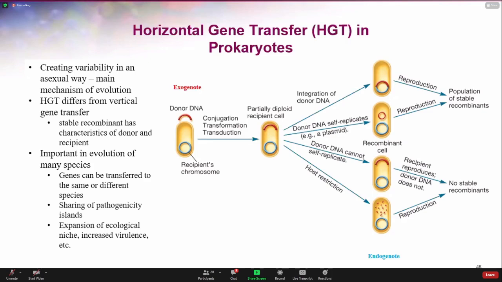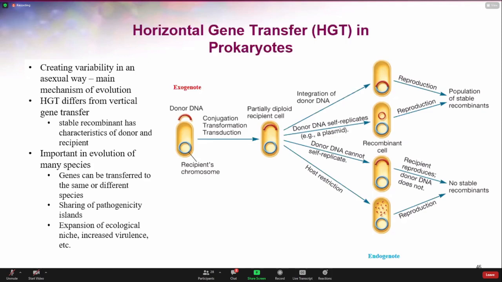You can also have a piece of DNA that has its own origin of replication, and it can form its own little circular piece as a plasmid. So even if it's not copied as part of the bacterial genome, it will be copied because it has its own origin of replication.